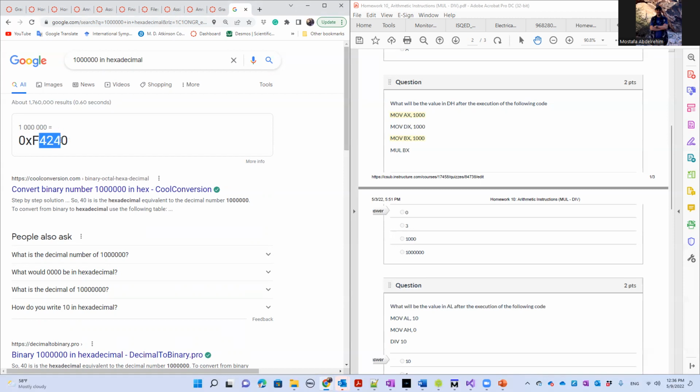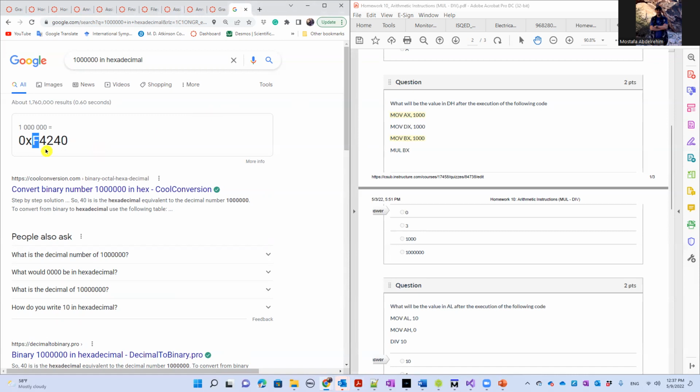The lower word is 4240, which is 16 bits, and that will be stored in AX. But the question here is about DH, basically DX. The higher word is basically just F. Of course, F is just 4 bits, but the rest will be zeros. So the higher word will be 000F.